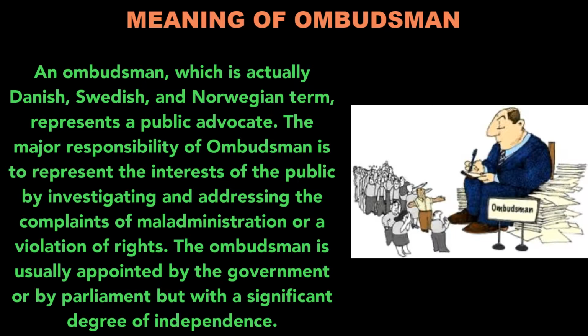The ombudsman is usually appointed by the government or by parliament, but with a significant degree of independence. What does it mean? The person who is supposed to represent the public is usually appointed by the government, whether parliament, that is legislature, executive or judiciary. Usually the executive and legislature appoint the ombudsman.